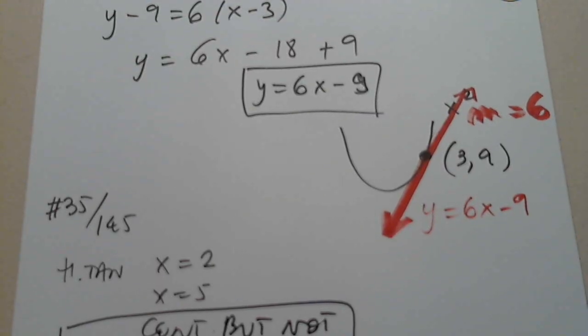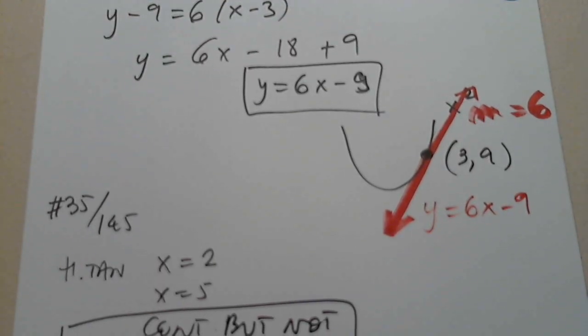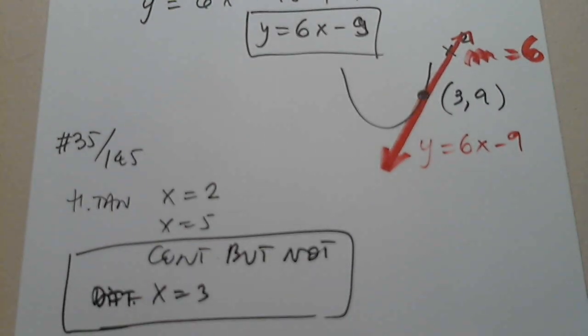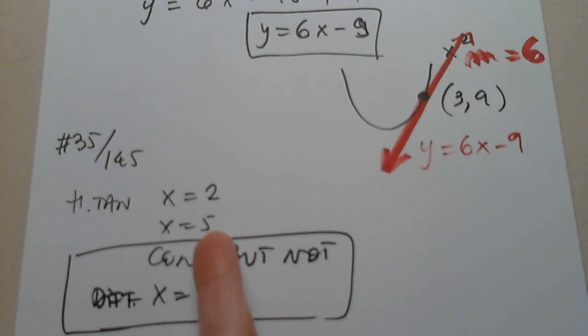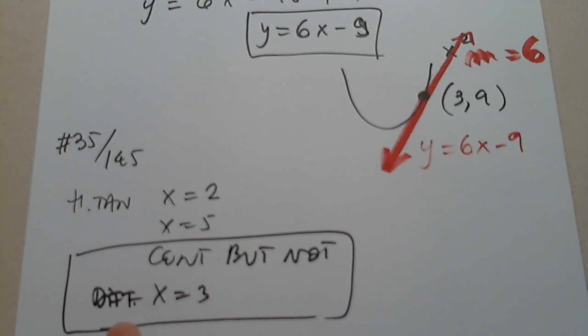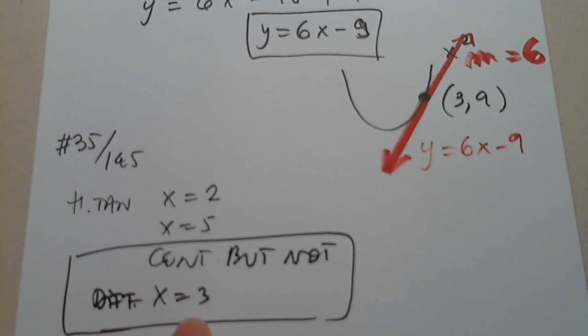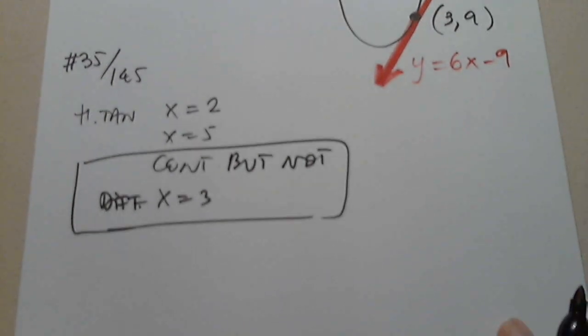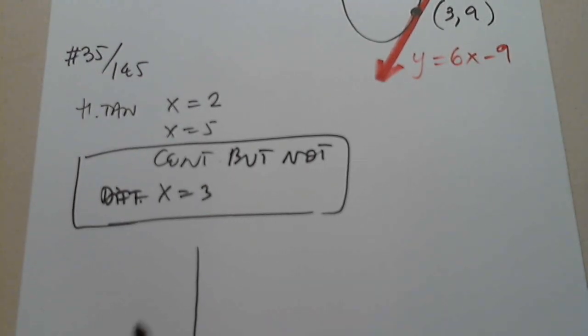So they want us to come up with a graph of a function that has horizontal tangents at 2 and 5. It's continuous at 3, but not differentiable. There are infinitely many correct answers here.